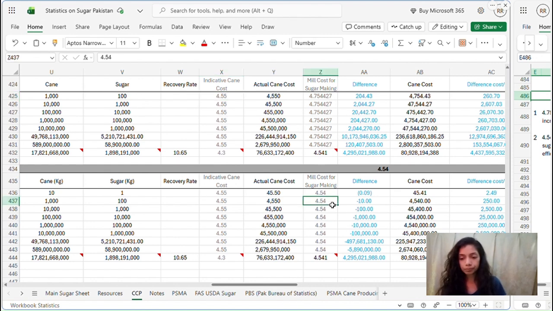Now this number we arrived at by calculating the price of cane in a very simple manner.